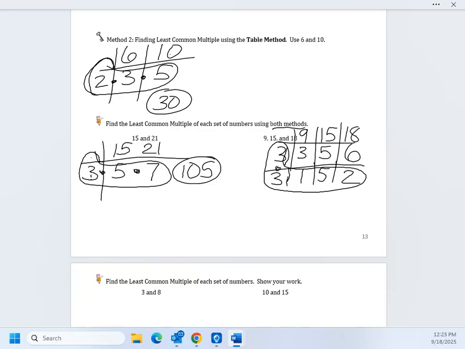So I'm multiplying all those numbers that are in the L. So 3 times 3 is 9. 9 times 1 is 9. 9 times 5 is 45. 45 times 2, 90.